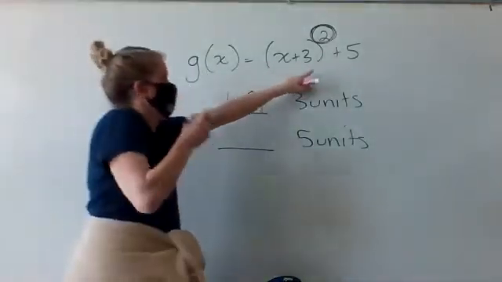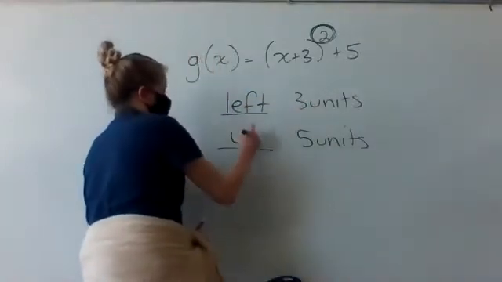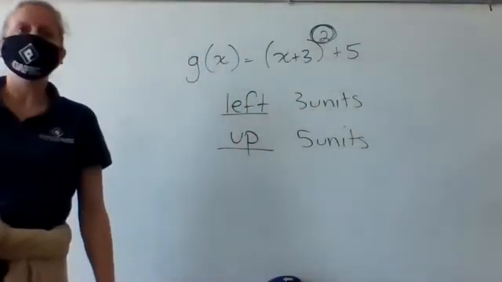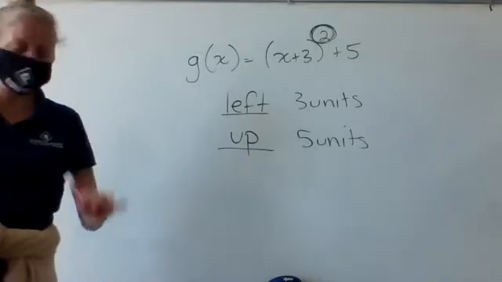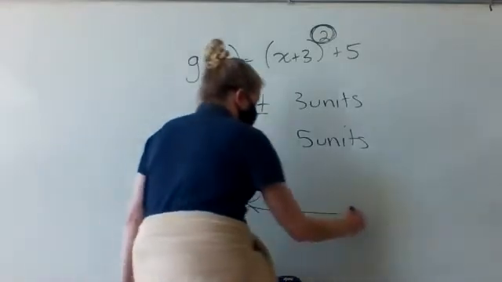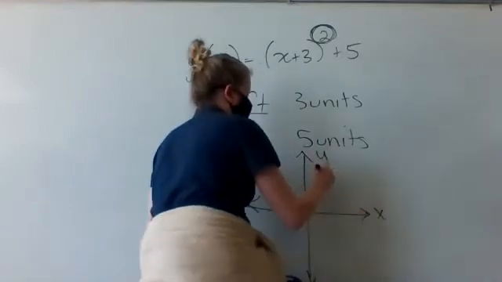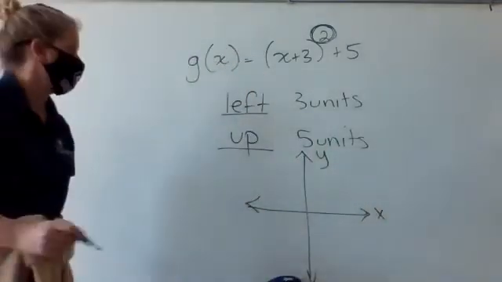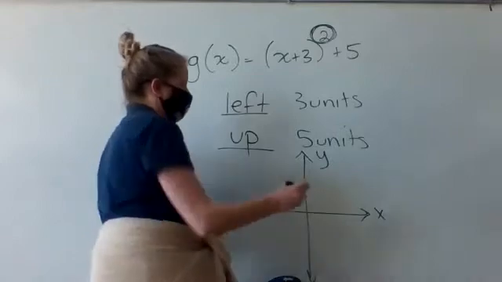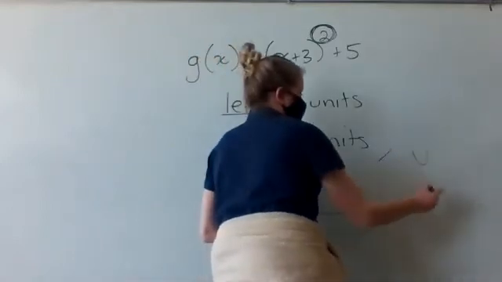So since this one is plus 5, it's going to shift me up 5. Now, then it's going to ask you to graph it. So remember, when you graph it, in this section, it was a little different than other sections of graphing. You're first of all going to come over here to all those shapes.